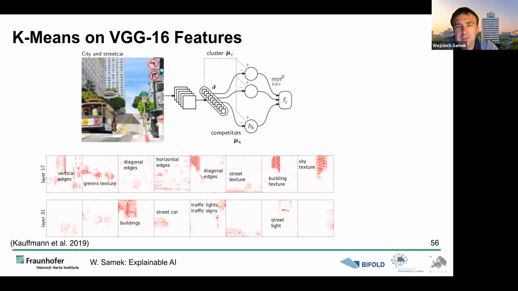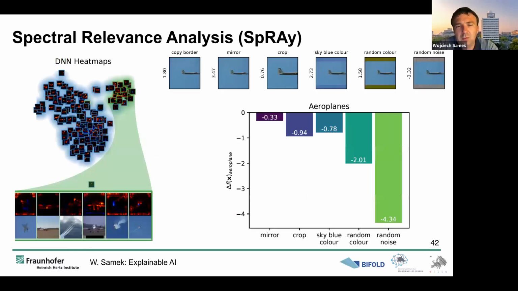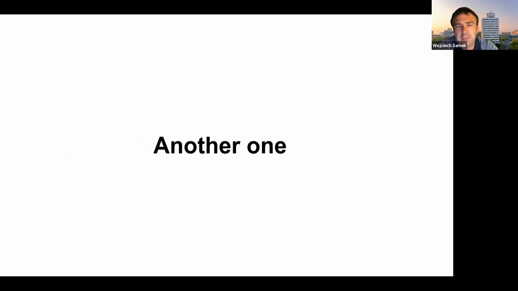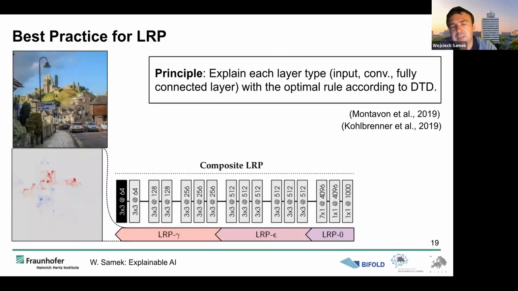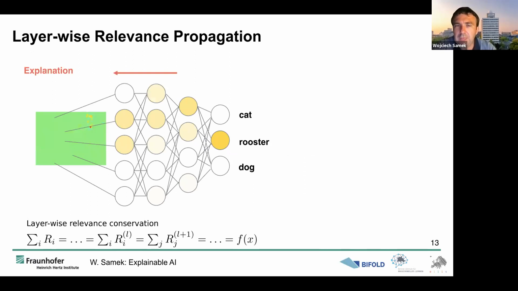which features were relevant for that. Another work, I would just like to very briefly mention, uses explanations for pruning, because you saw here with LRP, we don't only have the heat map at the input level, but we have the relevance values for every neuron and for every connection, for every weight.